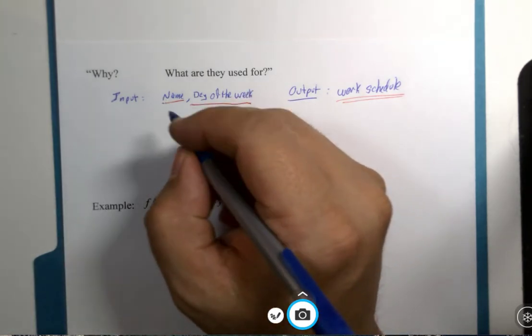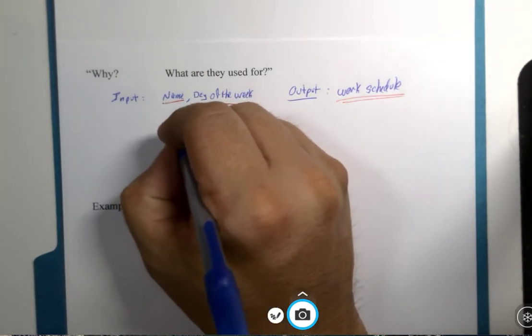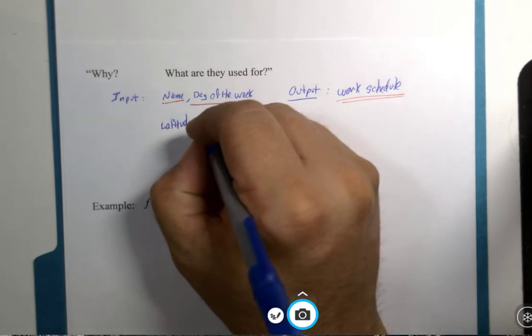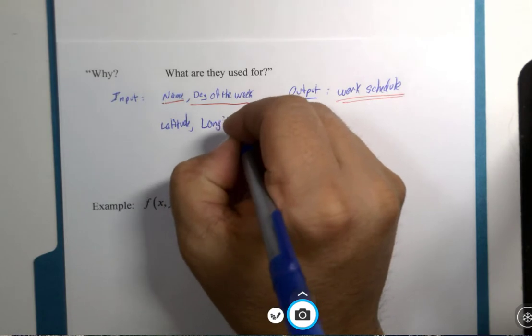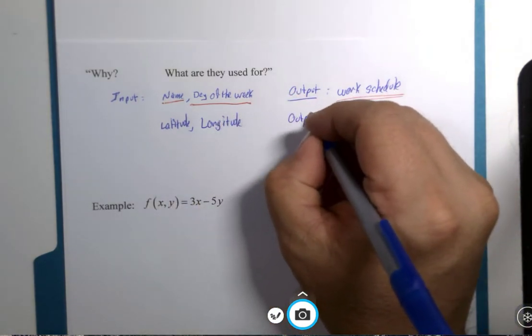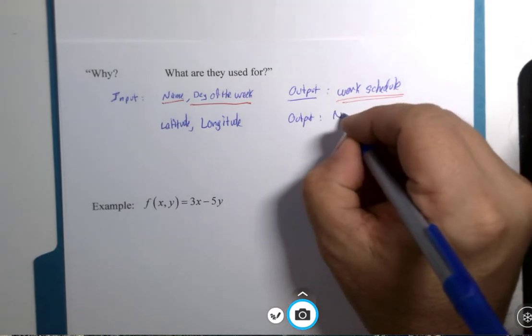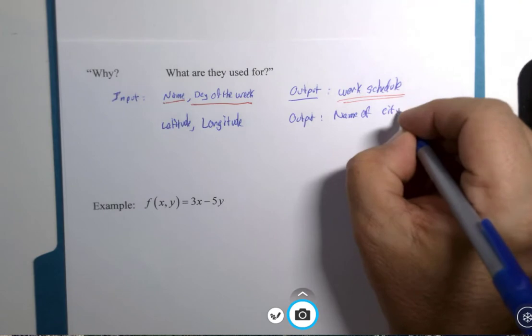So there's two inputs here and there's one output. We could do latitude and longitude as the input, and the output could be the name of the nearest city or town.